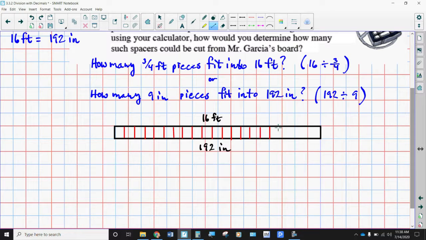This is all working out perfectly. 3/4, not making any mistakes. 3/4. I'm almost done. 3/4. And then this one. And then do we make it all the way across? No, we don't. There's still a little bit left over.